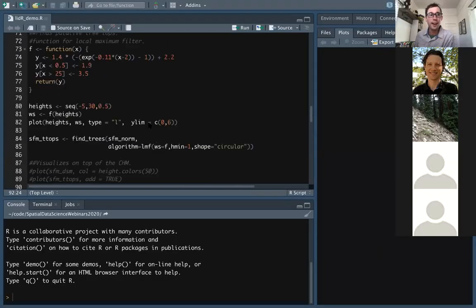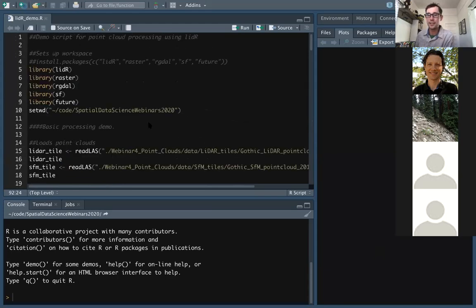All right, so we demoed CloudCompare earlier, which was a really great software for exploring small point clouds. But if we want to do any kind of larger scale processing, we need to do that with programming tools, with a script. And there's a couple of reasons for that. One is that it boils a complex workflow down into something that's reproducible.